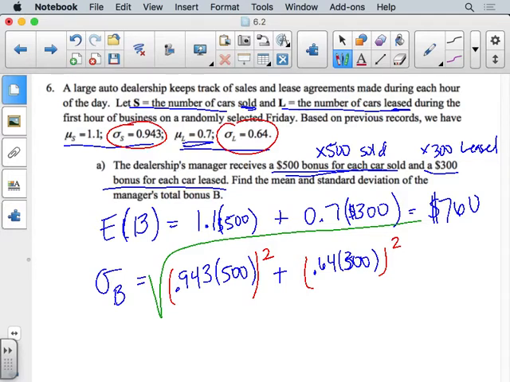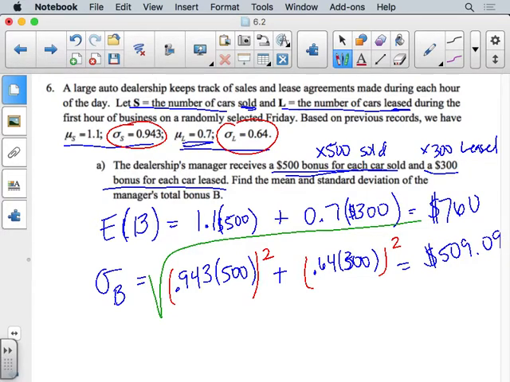Alright, so for the multiplying, I just put it into money, like how much money is the standard deviation, and then we put them together by squaring them each, adding them together, doing the square root. And we're going to get our typical spread, how much we typically vary from the mean, is something like $509.09.